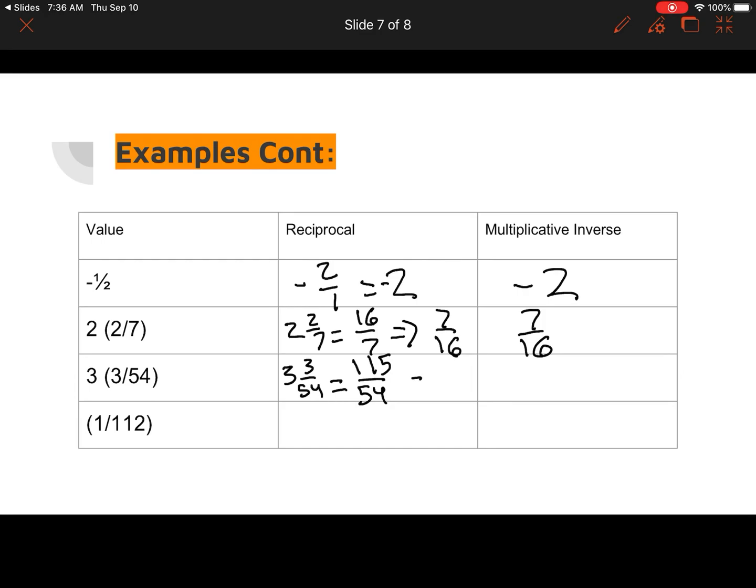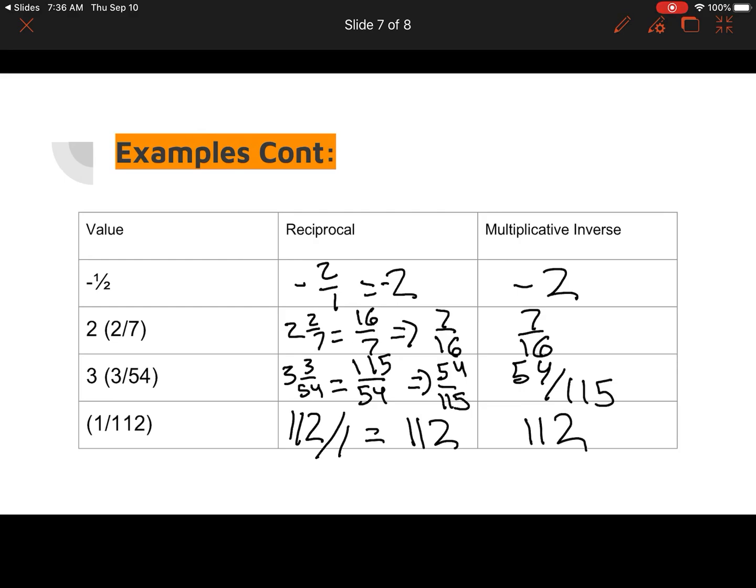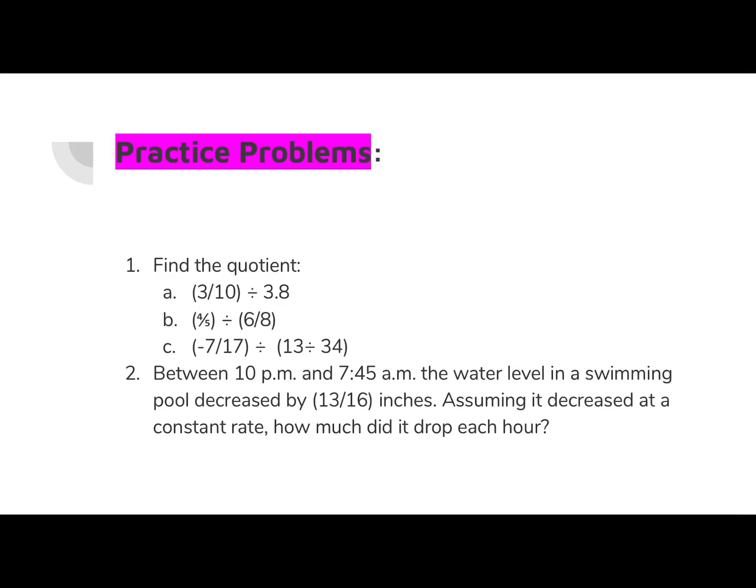So the reciprocal of 115/54 is 54/115. And then also the multiplicative inverse would also be 54/115. And then lastly, we want to look at 1/112. The reciprocal of 1/112 would be 112/1, which is equal to 112. And then the multiplicative inverse of 1/112 would obviously be 112.